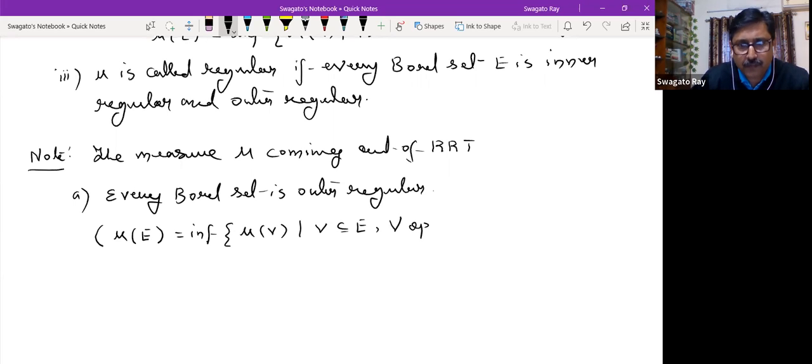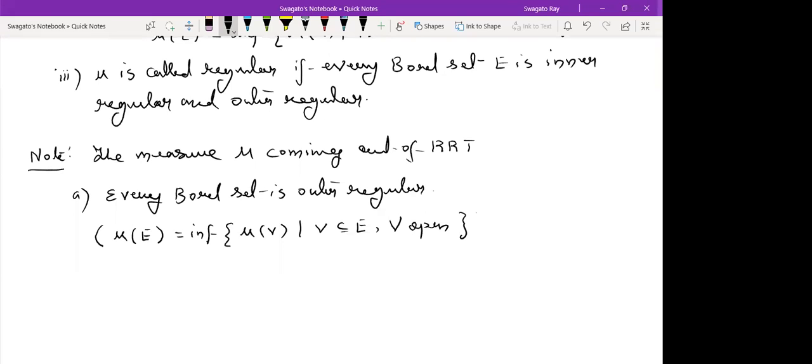This is how mu of E was defined. That means the notion of outer regularity is actually inbuilt in the construction of the Riesz representation theorem. Am I making sense? Yes, sir. Okay.